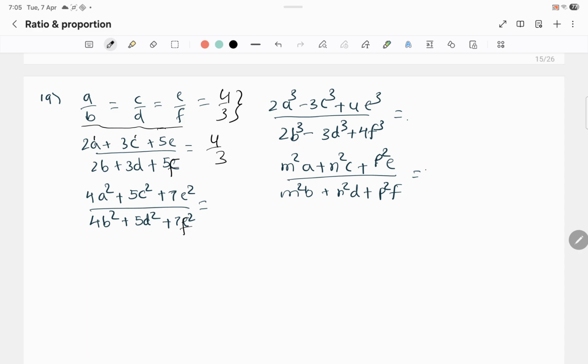If they are squared, then the result must be squared: 16 by 9. If the variables are cubed, then the answer will be 64 by 27. Now variables are power 1 only, so the answer will be 4 by 3 only.